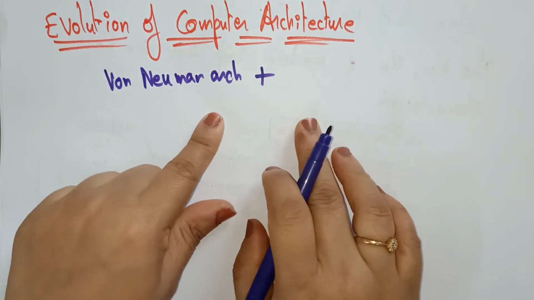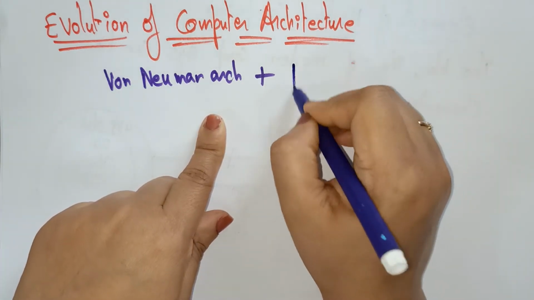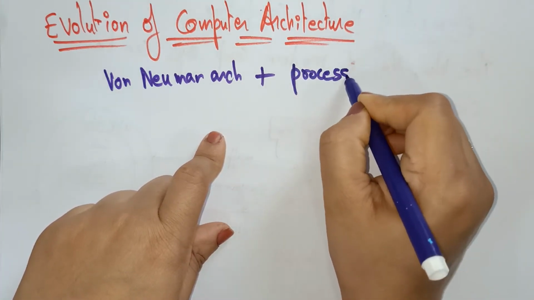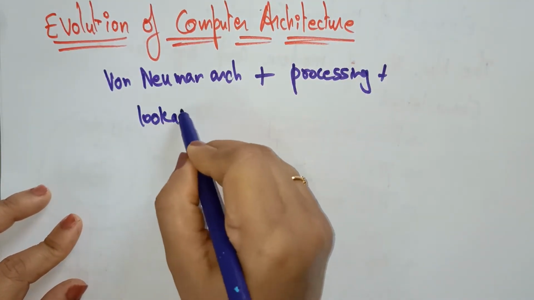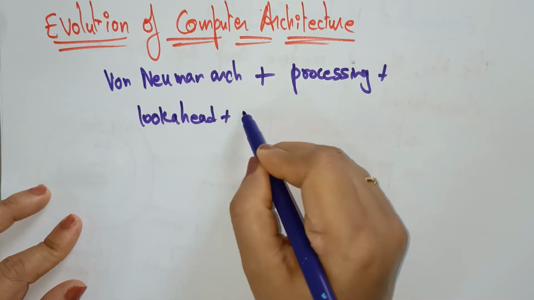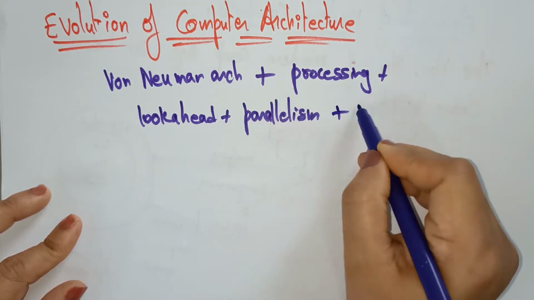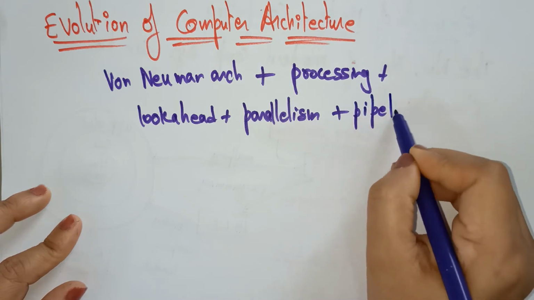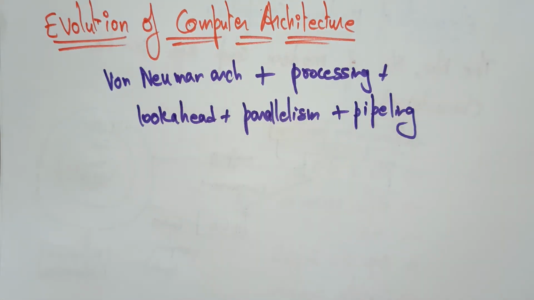So it evolved to include processing, look ahead, parallelism, and pipelining. All these technologies are included. Actually, the von Neumann architecture is a strictly sequential architecture.